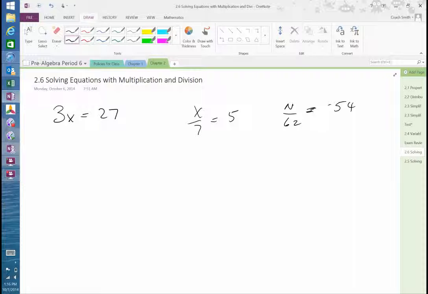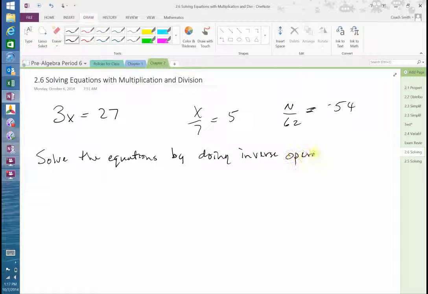Same as yesterday, we will solve the equations by doing the inverse operation.